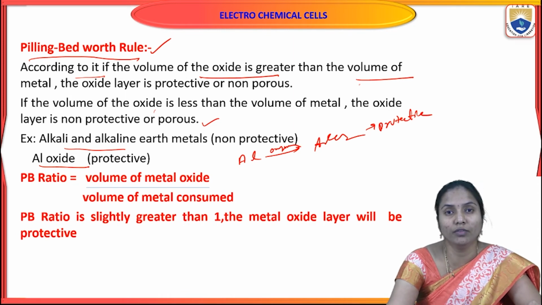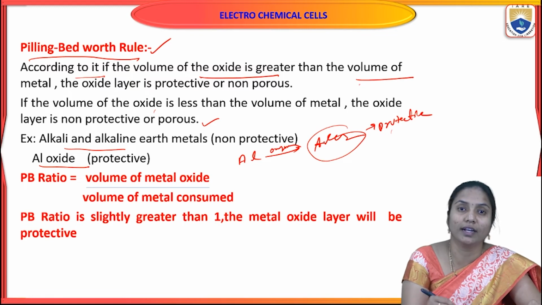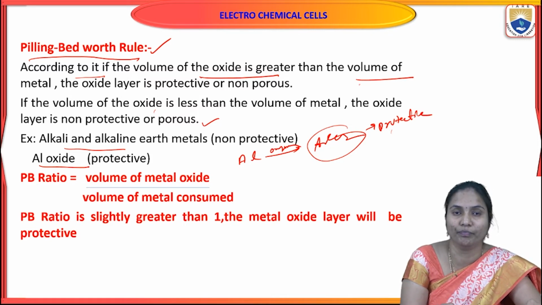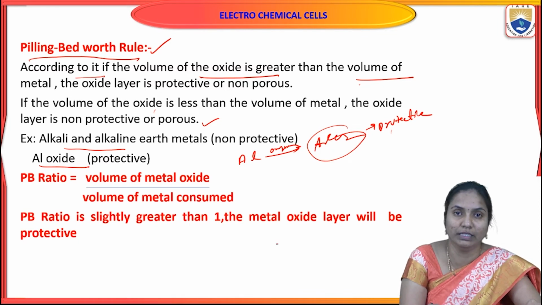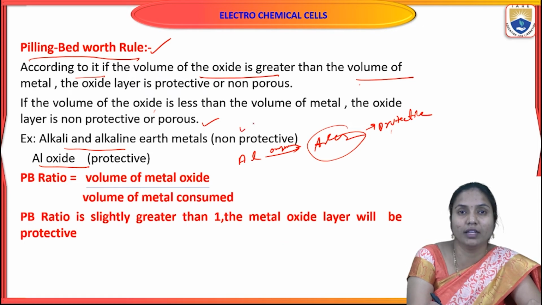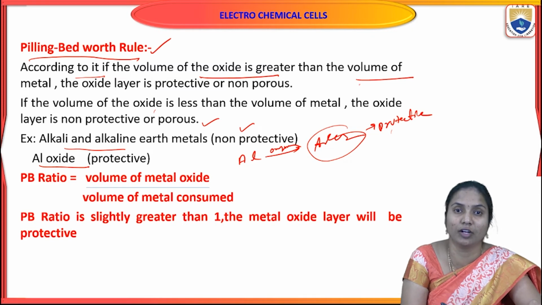That means in aluminium oxide, the volume of oxide is greater than the volume of aluminium metal. So that's why this metal oxide layer acts as protective according to the Pilling-Bedworth rule. If the volume of oxide is less than the volume of metal, in this case non-protective. For example, alkali and alkaline earth metals, this metal oxide layer is non-protective.